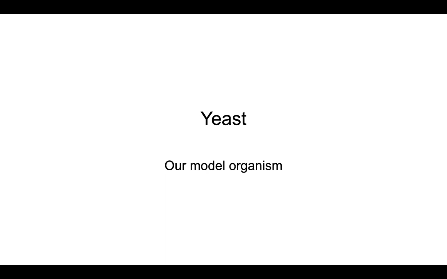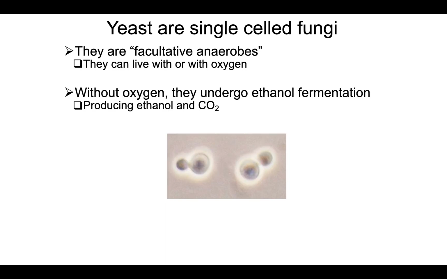All right, now, the organism in which we are going to study fermentation is yeast. And yeast is a single-celled fungus. It is a facultative anaerobe, meaning that it can live in the presence or the absence of oxygen. And without oxygen, they undergo the type of fermentation that we just described, ethanol fermentation, thereby producing ethanol and CO2.